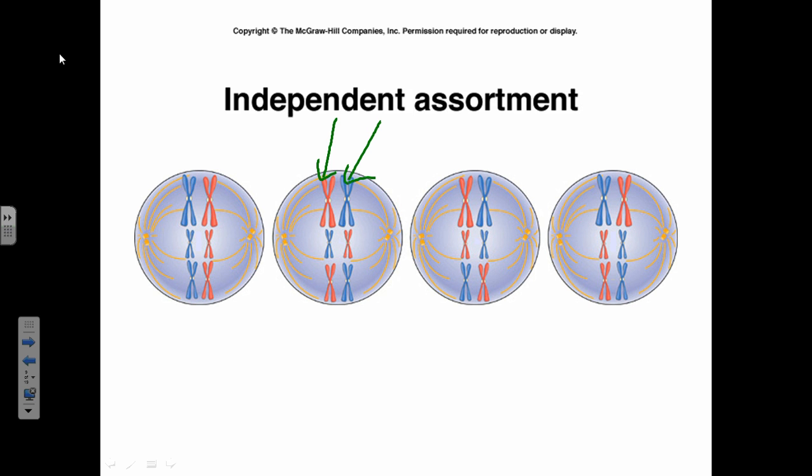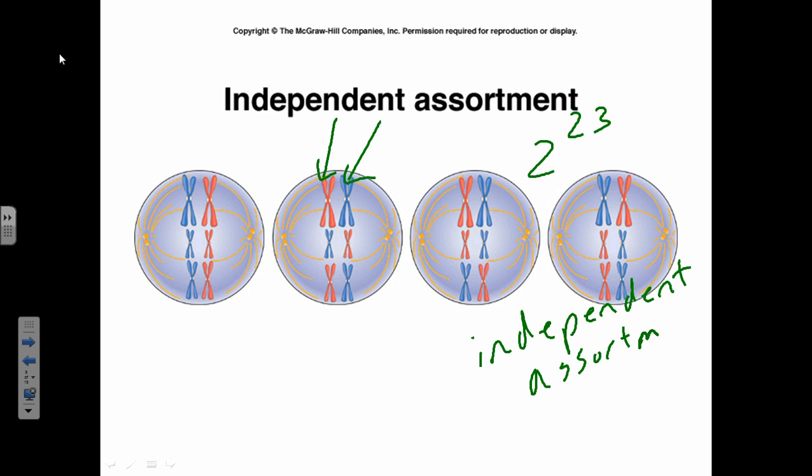Well, it's about 2 to the 23rd power, which is somewhere around 8 million different ways. So they could line up across from their partner in 8 million different random ways. That's called independent assortment. And that's another way that what gets created? Variation.